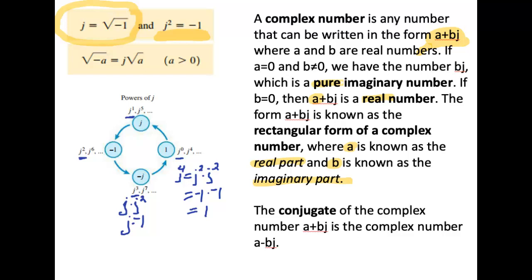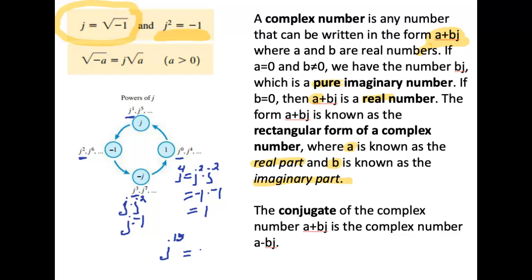So for example, if I had something like j raised to, we'll say, the 15th power, and I want to simplify that. When I divide 15 by 4, that's going to give me 3 with a remainder of 3. So all I'm focusing on is the remainder.